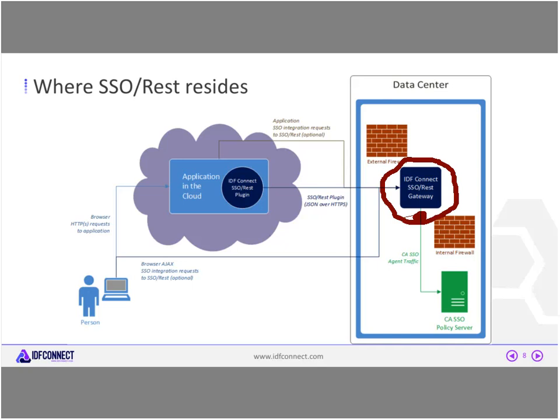Then, in your applications, as opposed to having a web agent and the web agent library for IIS or for Apache, we have our SSO REST plugins. So we've got plugins for all of the platforms that you would expect, your Apache, your IIS. We have a plugin for Nginx.